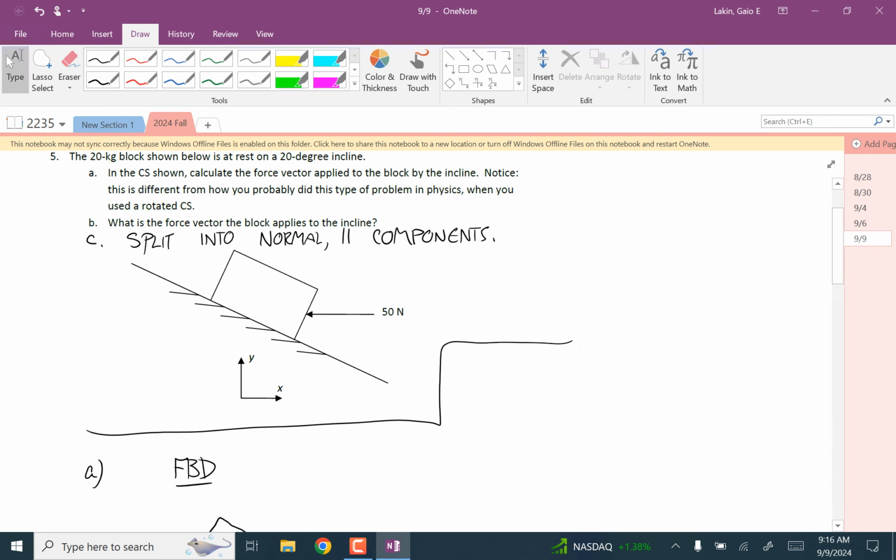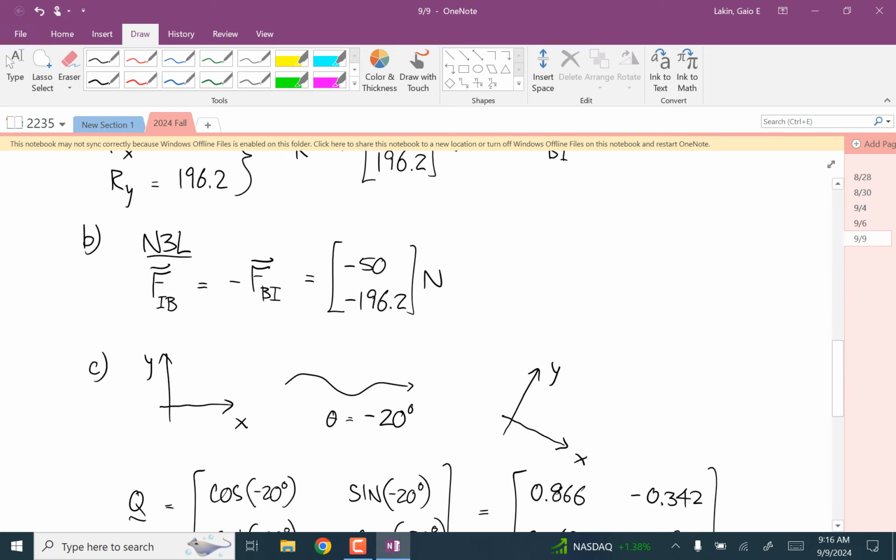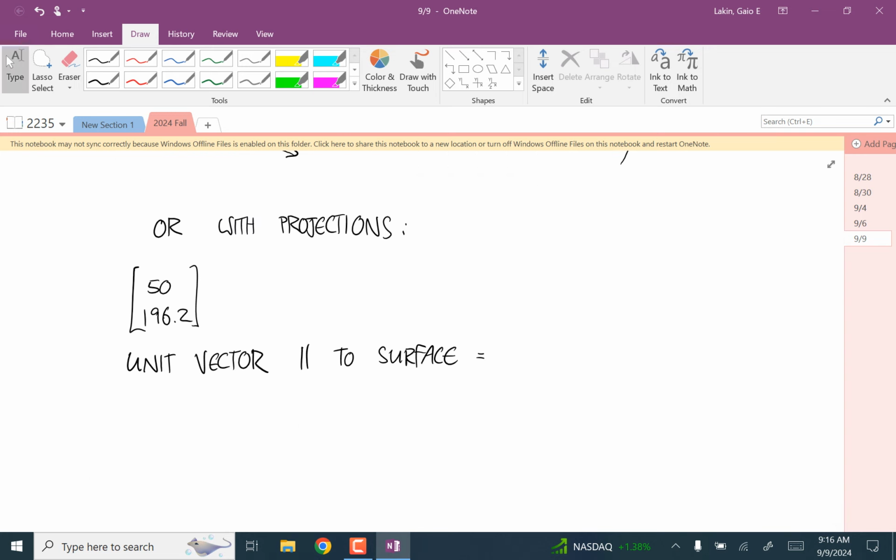You could have a unit vector going this way or one going that way. I'm going to do one going down and to the right. So that unit vector would be 0.866, negative 0.342. That's cosine and sine of negative 20 degrees.